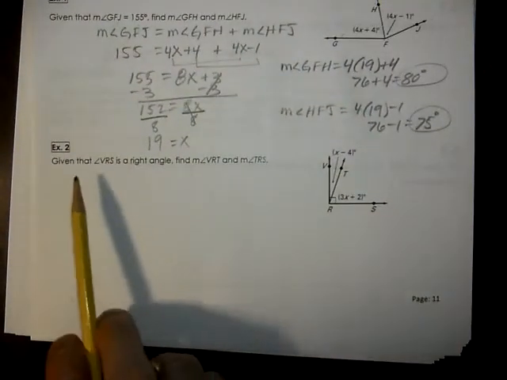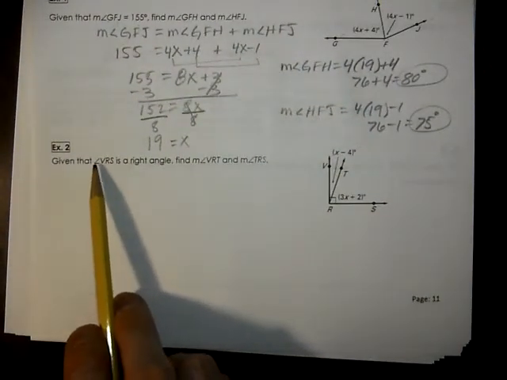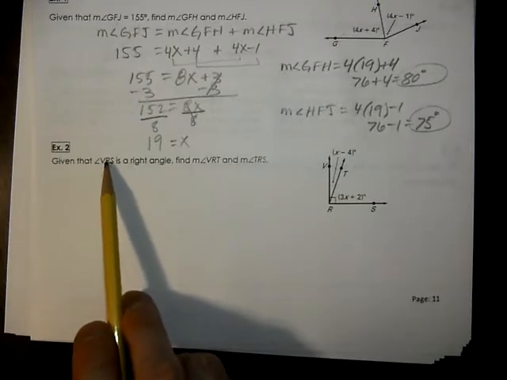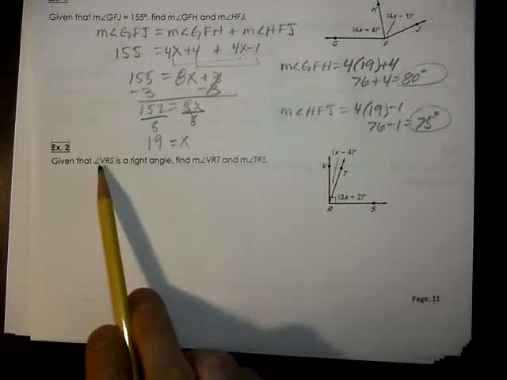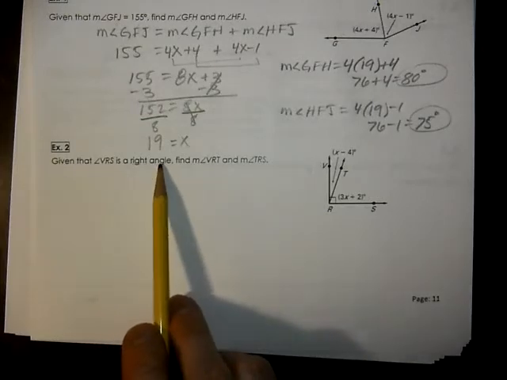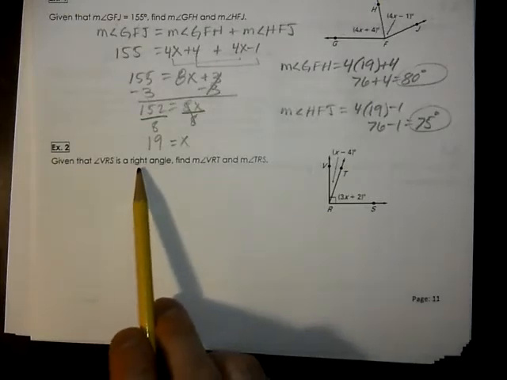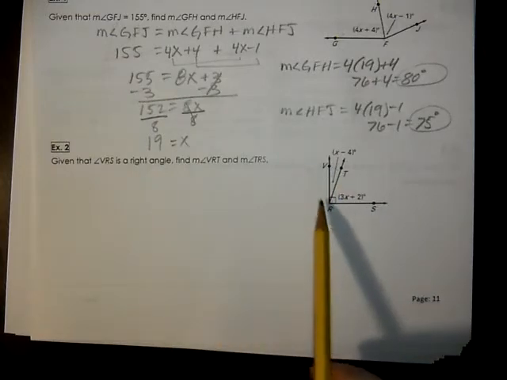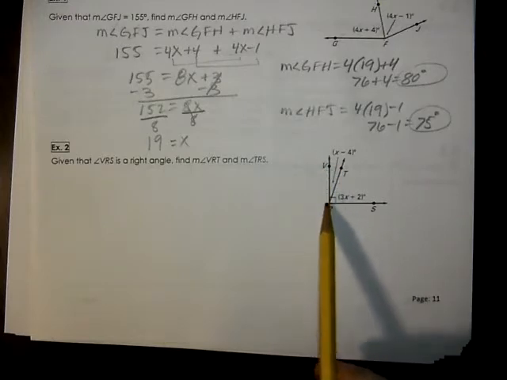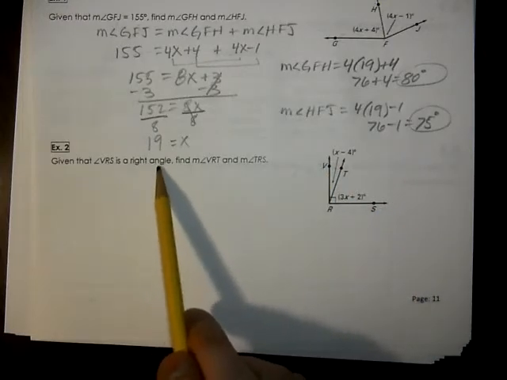Our next example, we look here, given that angle VRS, so look at where that angle is, VRS, is a right angle. Well, what's a right angle? A right angle is 90 degrees. You see the box in there. They're telling you that the big angle, the biggest angle here, is 90 degrees.